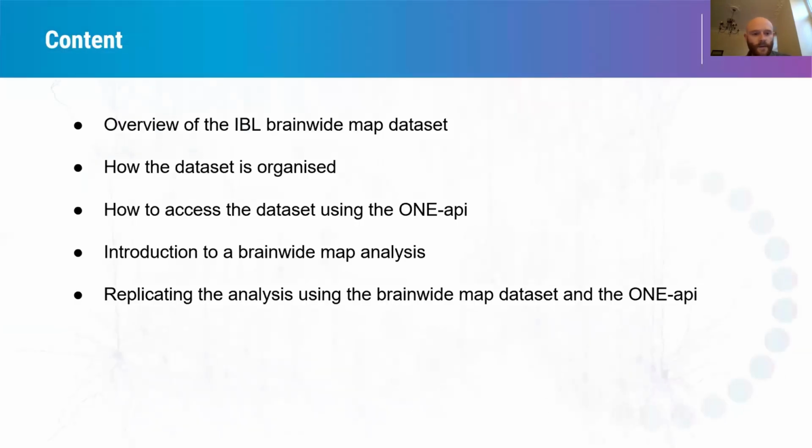First, I'll give you an overview of the brainwide map dataset itself, what data were acquired, how the data are organized, and then how to access the data using our API. And then Maya will go over one of the analyses used in the brainwide map paper, and how to replicate that with the dataset and API.